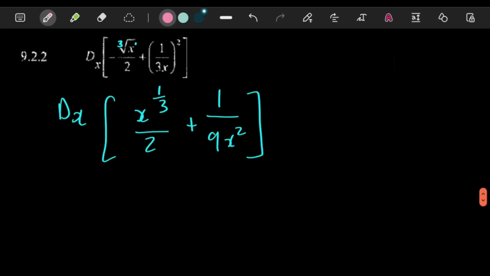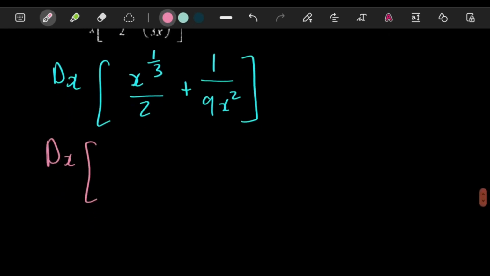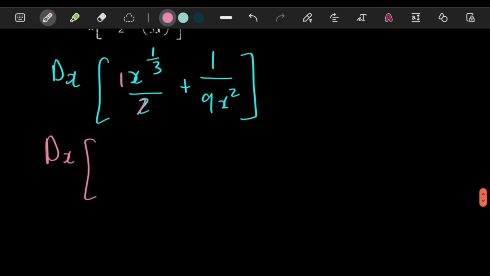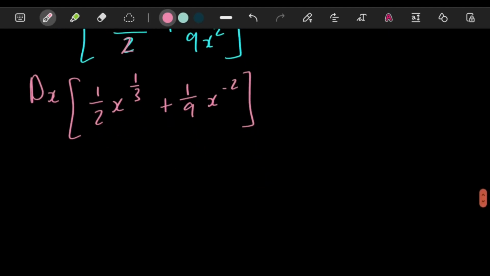You see? And then what now? Here it's like dx. There's like 1 here and like 2 down here. So this is like 1 over 2 with x and a third over there. This can go up, so it's like 1 over 9 with x to the power of -2, like that.